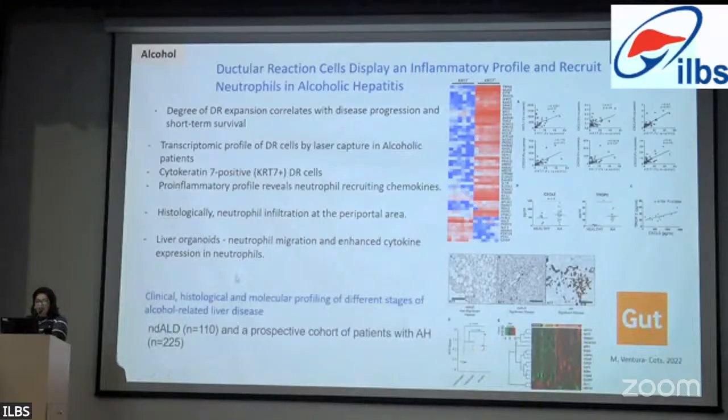In another study published in Gut, on clinical and histological molecular profiling of different stages of alcohol-related liver disease, in non-decompensated and compensated ALD patients, they also identified a huge number of neutrophils infiltrating the ductular reactive cells.